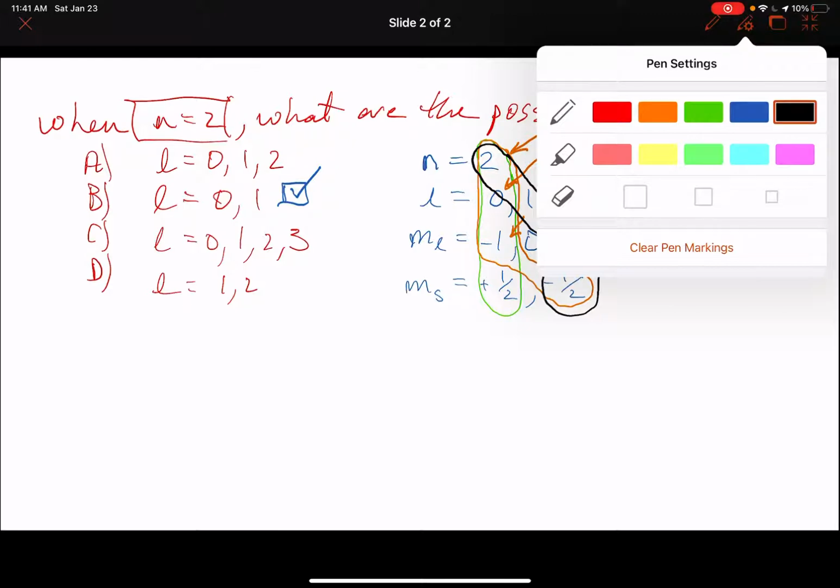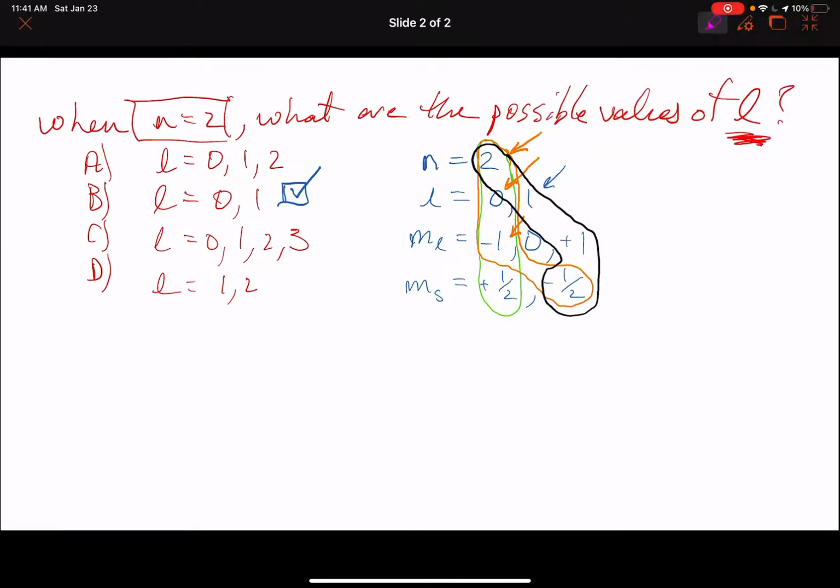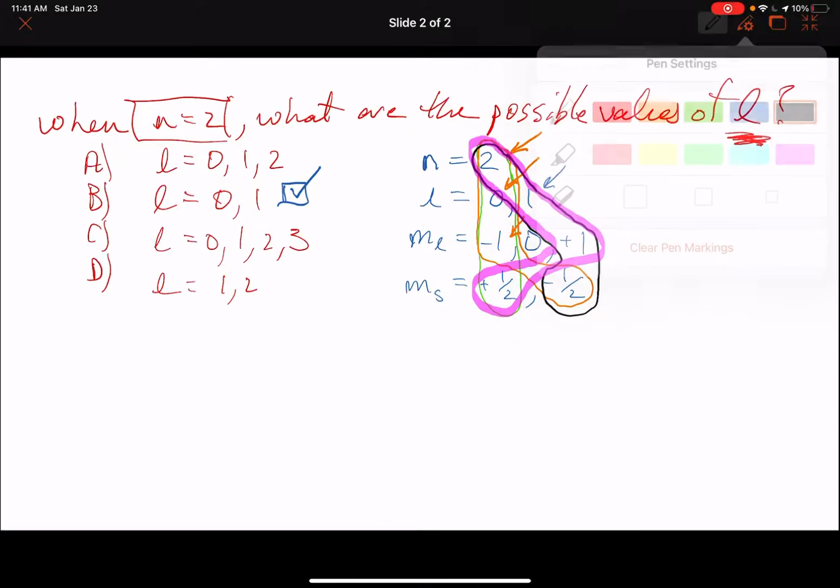And so we might have something like 2, 1, 1, +0.5 instead of the -0.5. And that would be a unique electron as well. Again, those two orbitals and their energy level and their shape would be the same. The two electrons are distinguished by their spin number. Good. Okay, so here's another question just to practice.